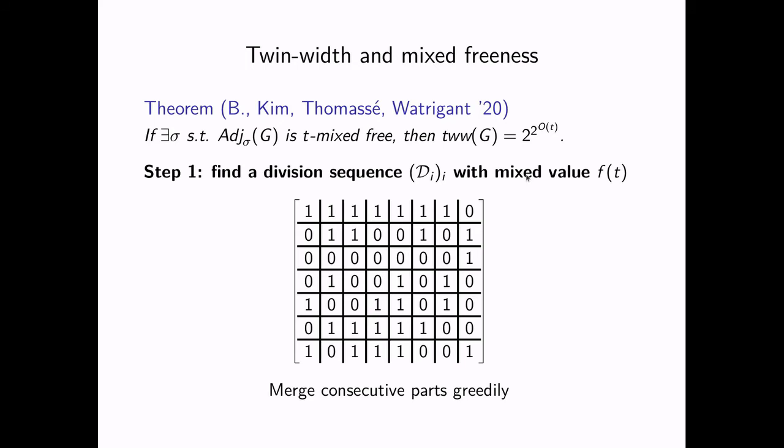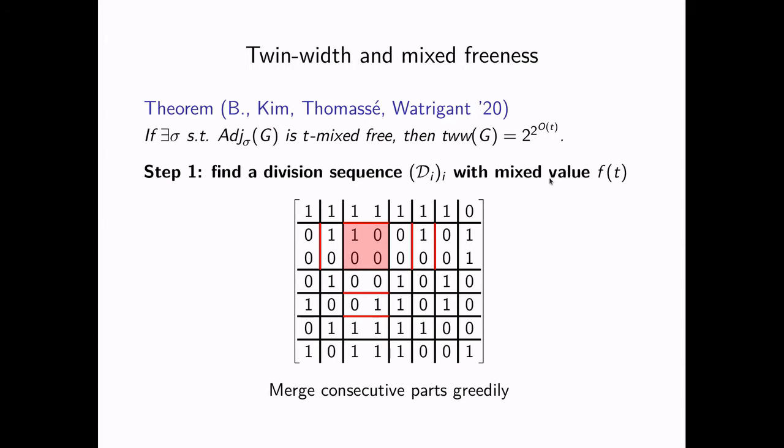I won't give you the precise definition, but it's more or less the same when you replace the non-constant zones for the error value with mixed zones for the mixed value. There are some technicalities here, but we won't enter into this detail.